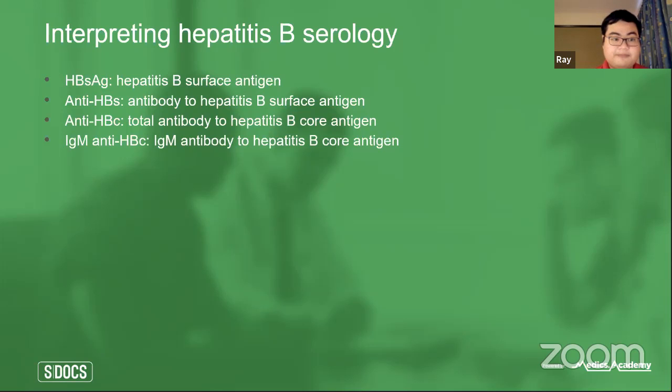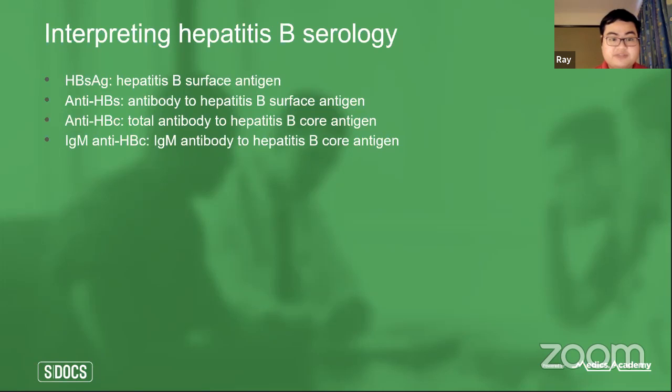You will also consider anti-HBs, which is the antibody to the hepatitis B surface antigen, okay? If you have the antibody, it means either you are currently infected, so your body is making the antibodies at that moment, or you are immunized, having received the antibody from an external source, such as a vaccine or a previous exposure.